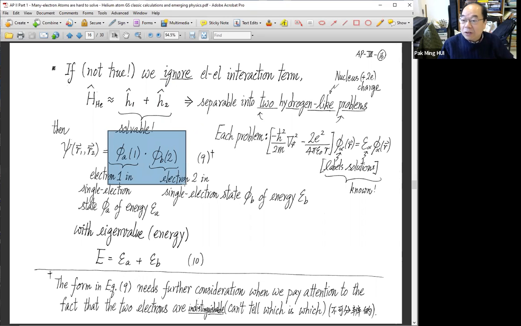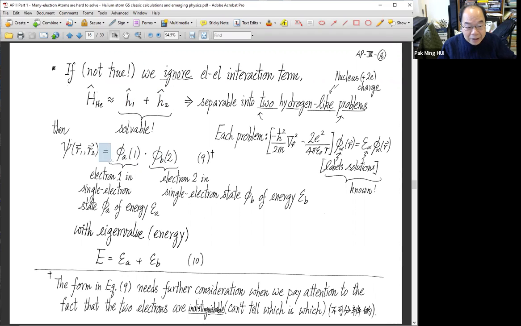the solution being a product of H1 solutions times H2 solutions, right? So we have electron number 1 in some single particle state, it obeys this H1. Electron number 2 in some other single particle state, it obeys the Schrödinger equation defined by H2.